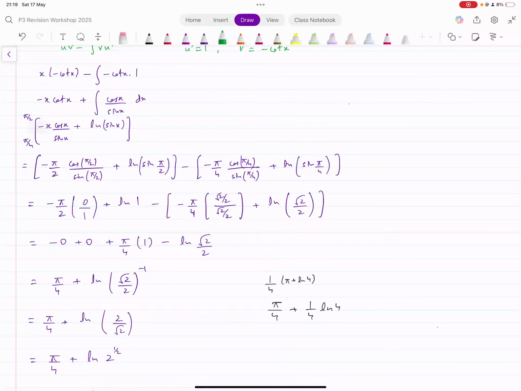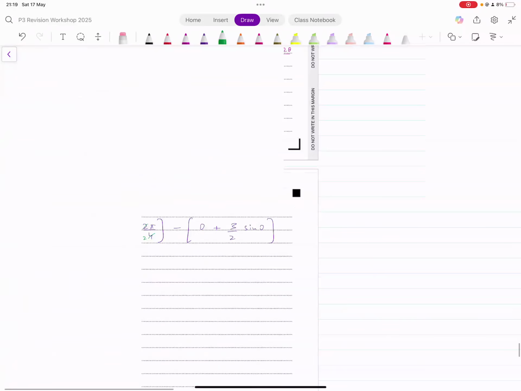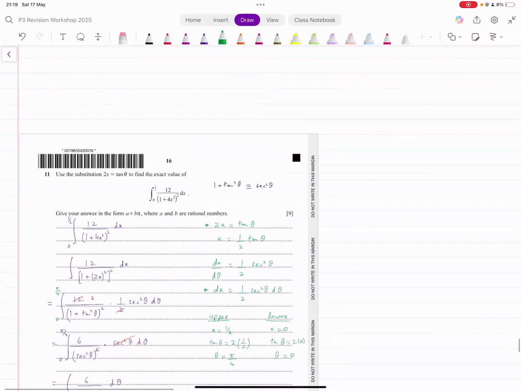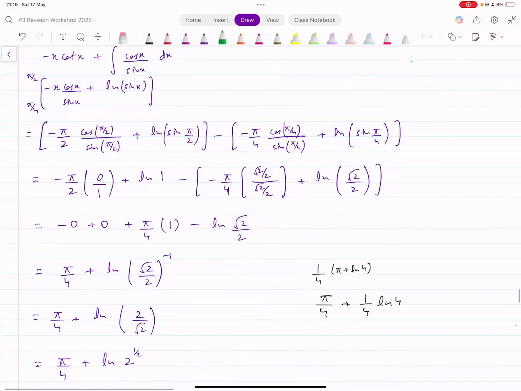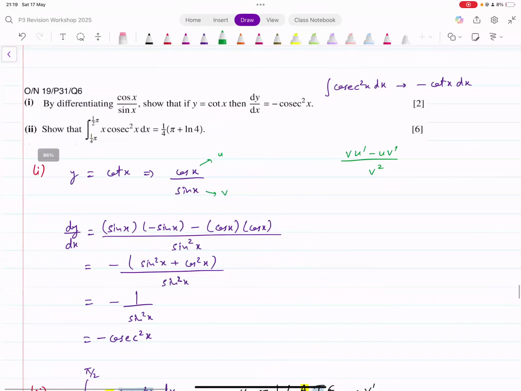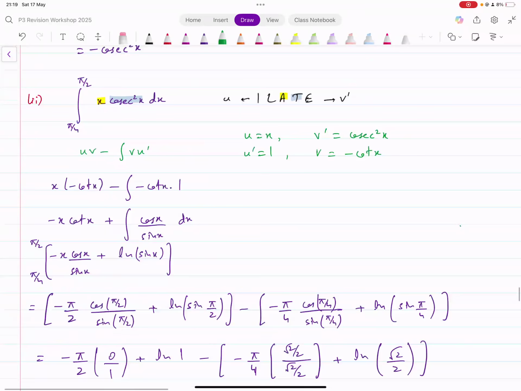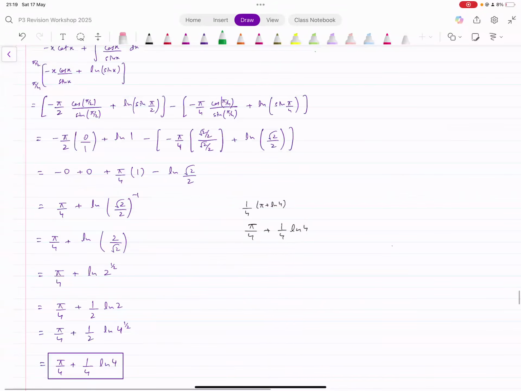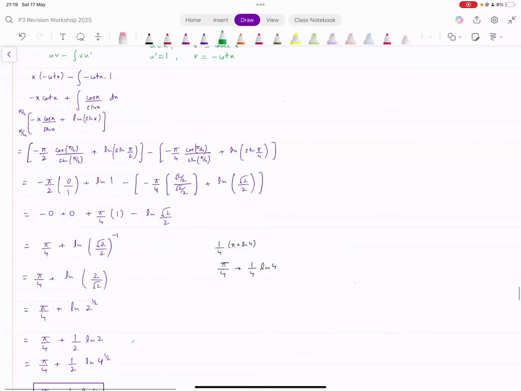You want an exact answer as well, I assume. That means you need to show working, so you do it step by step like this. Convert the multiple log terms to a single log term if there are any, and then you get that final result that they wanted there.